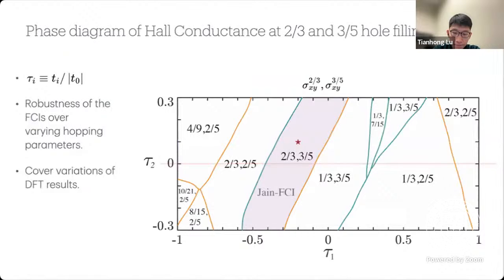Like I mentioned before, there's no direct measurement of the energy dispersion in experiments, so we have to rely on DFT for the correct energy scale. But several DFT papers don't fully agree with each other. So we hope that this large area of this phase can cover some of the variations in the DFT results.